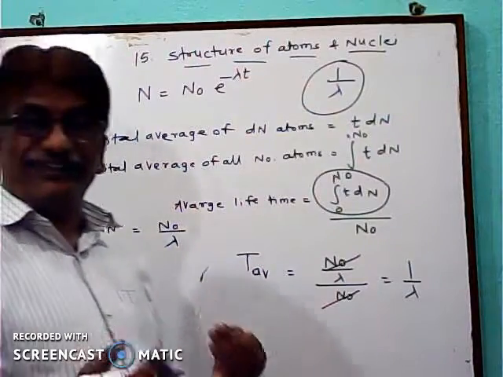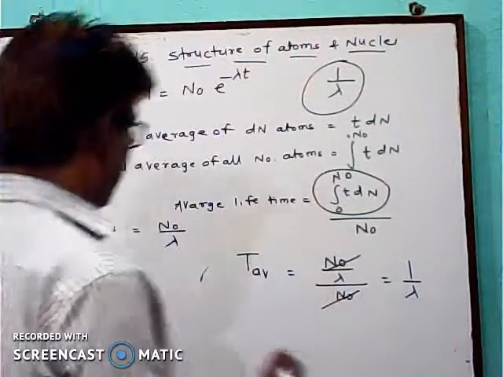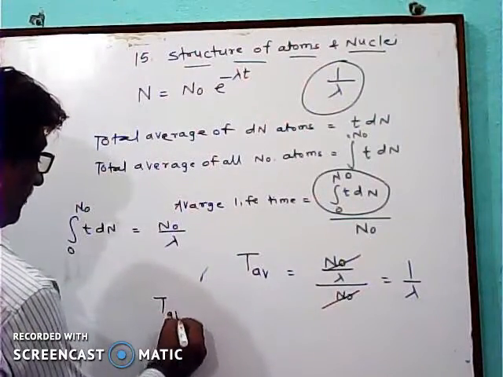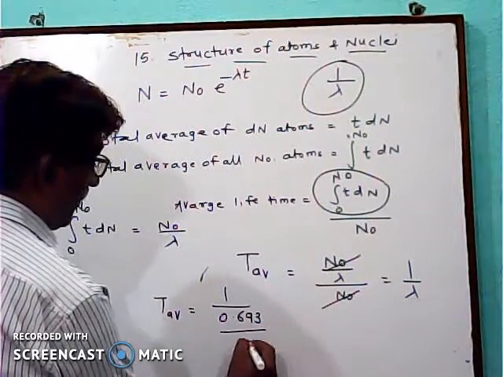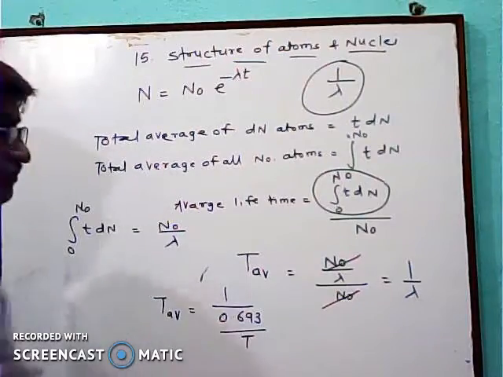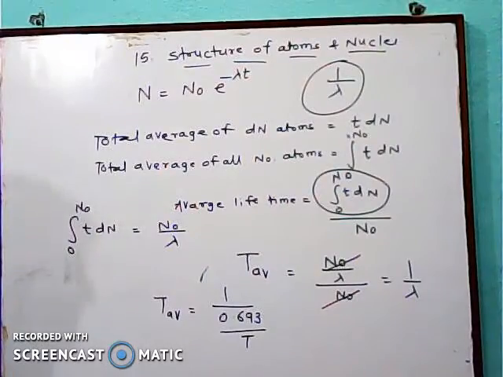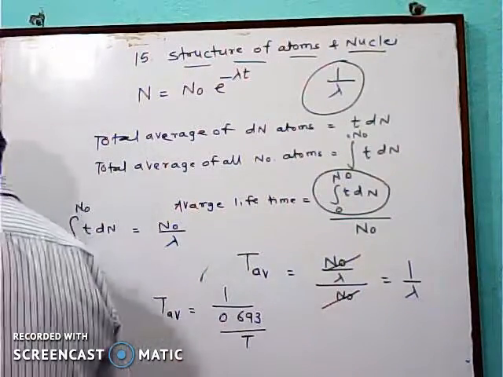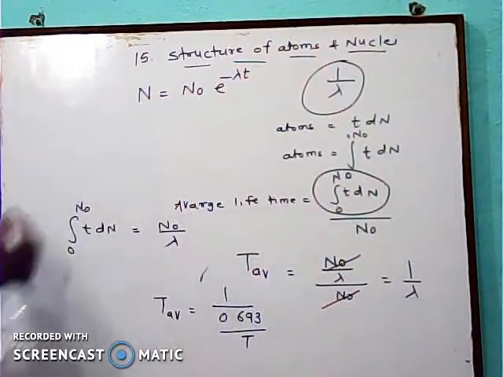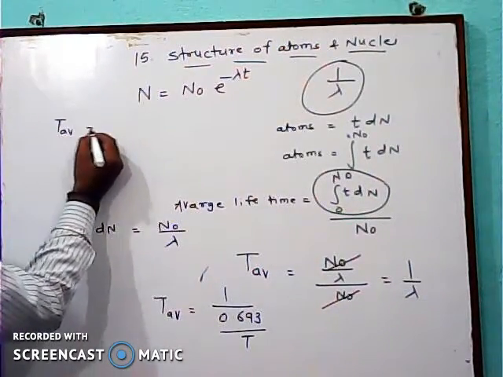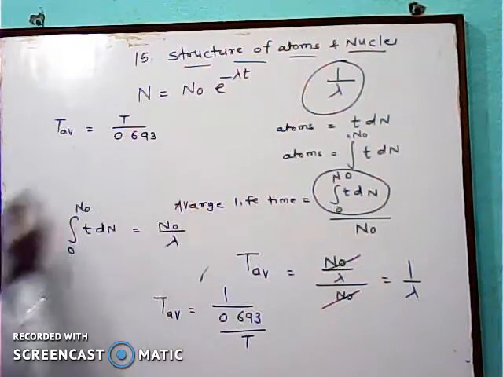So we know the relation for half-life and decay constant, so the average time is equal to 1 upon 0.693 upon half-life period. If capital T is shifted to the numerator, then the average time is equal to capital T upon 0.693.